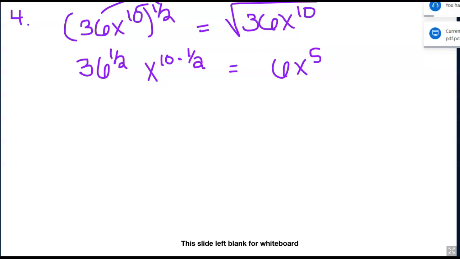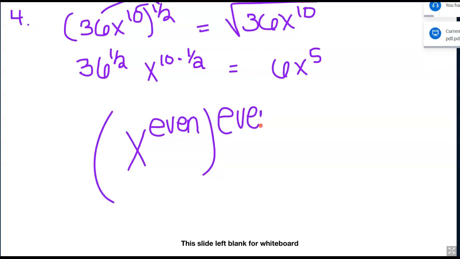And then you need to recall the even, odd rule. So if you have an exponent that is even, and it is multiplied by another even fraction, like a 1/2, 1/4, etc., your answer becomes odd.